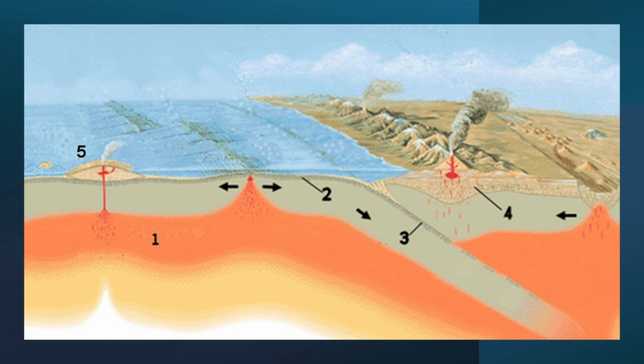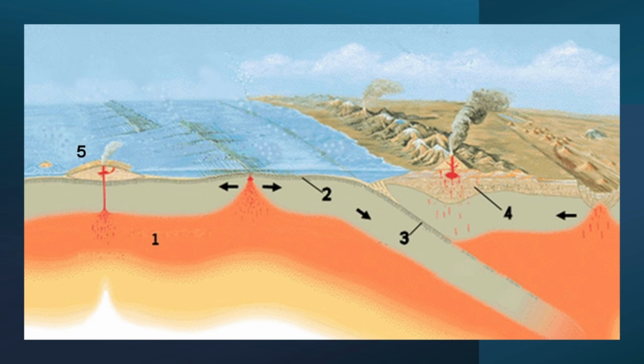Number 2 represents the crust on the ocean floor. Oceanic crust is thinner, and when it meets a thicker continental crust, it will move underneath the continental crust in a process called subduction. This diagram shows oceanic crust subducting under continental crust.